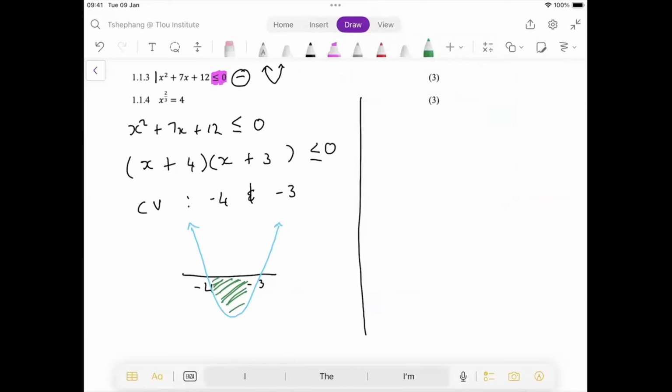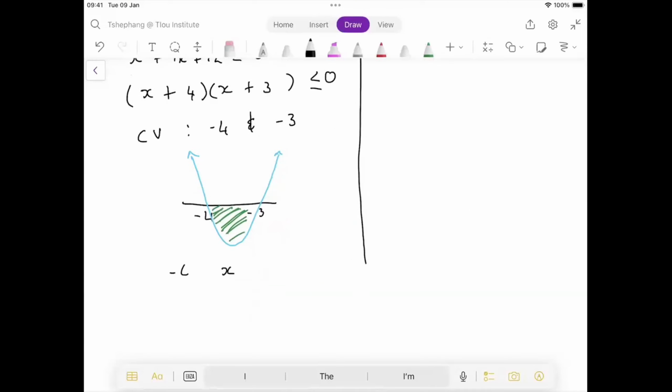How do we represent that region? We're going to say x lies between -4 and -3. And that is our answer. Alternatively, you could have said x is an element of, with a hard bracket on -4 going all the way to -3.